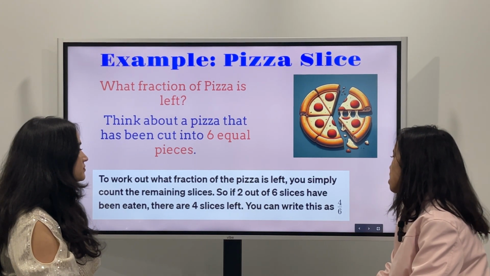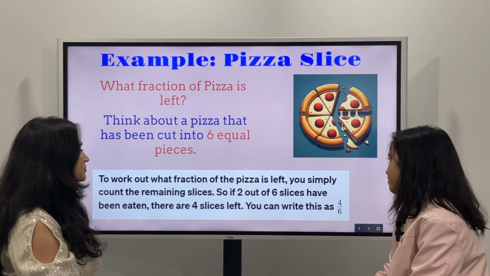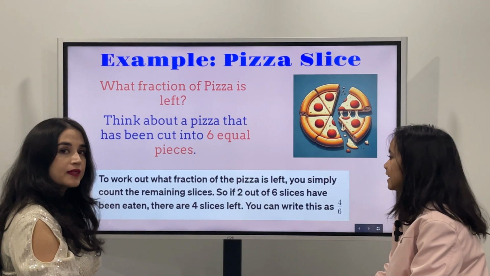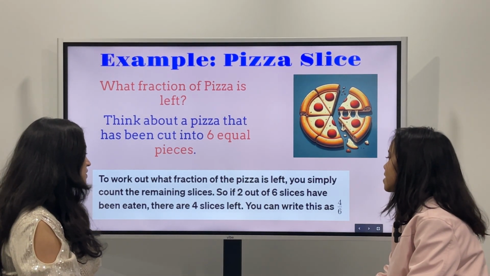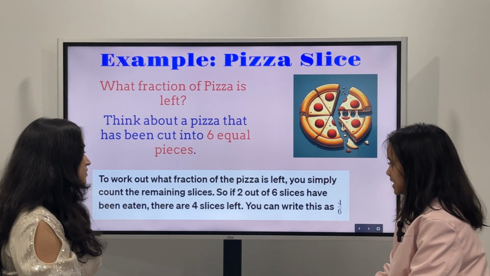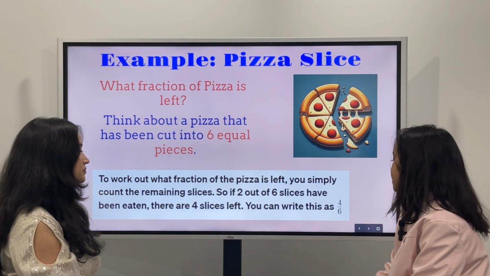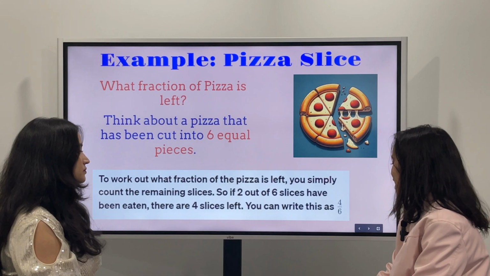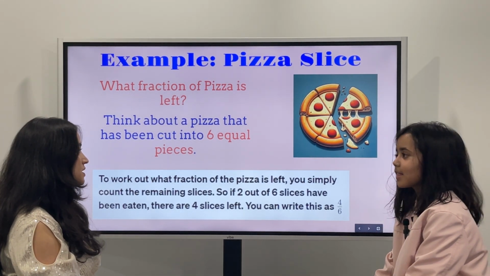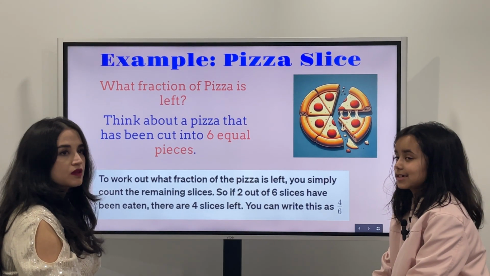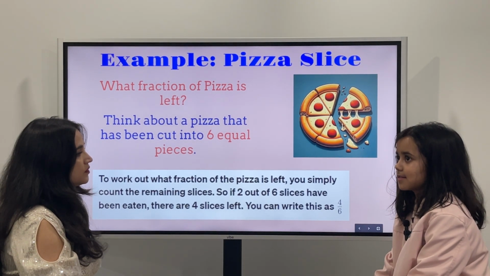So if 2 out of 6 slices have been eaten, there are 4 slices left. You can write this as 4 out of 6. Next slide.